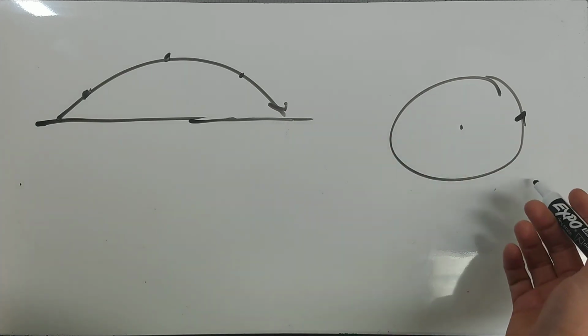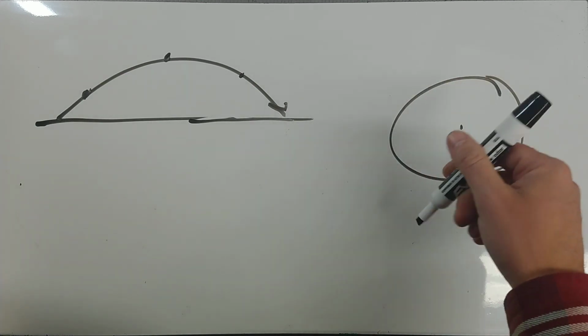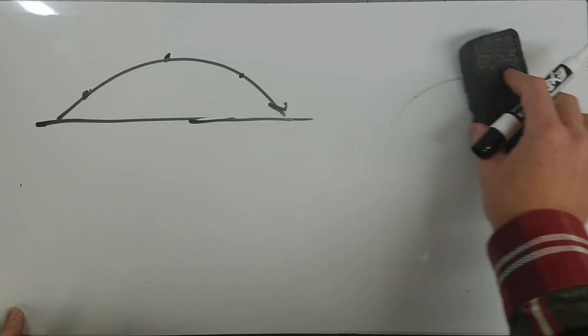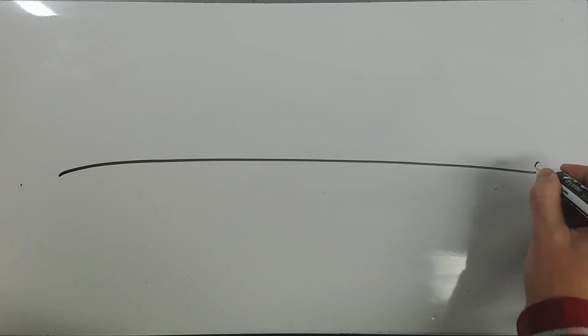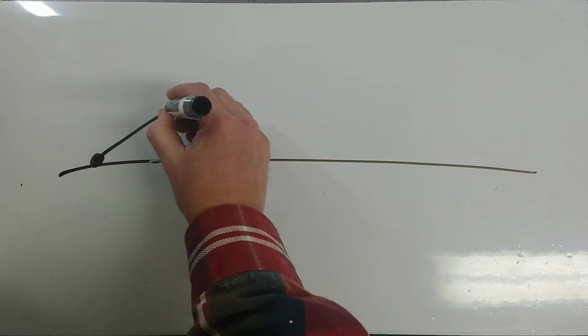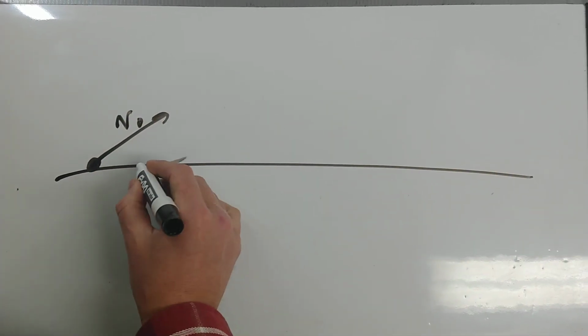Now, circular motion, we'll come back to that. Let's not worry about that right now, but let's just talk about some of the basics of projectile motion, right? So, when we launch something from the ground, it has an initial velocity, v naught.